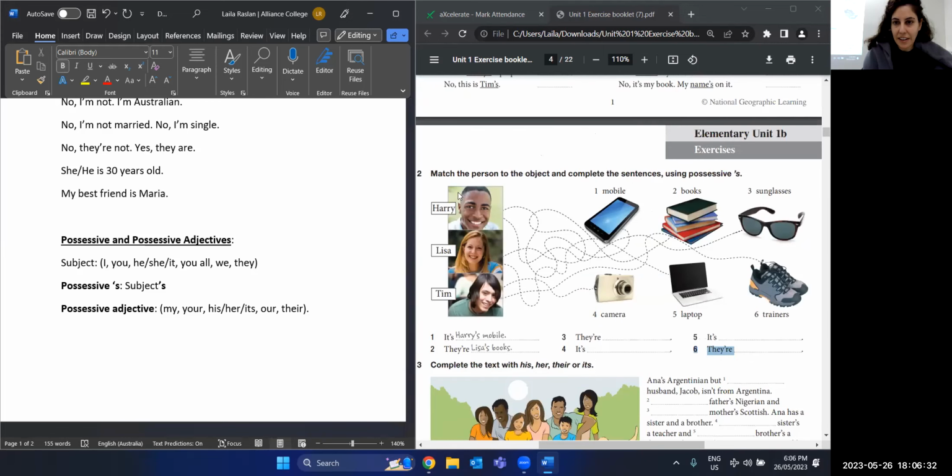So let's look at Harry in the image. We can see Harry, and if I follow the line, the mobile. If I follow the second line, the glasses. So how do I say that these objects, the mobile and the sunglasses, they belong to Harry, that's his?